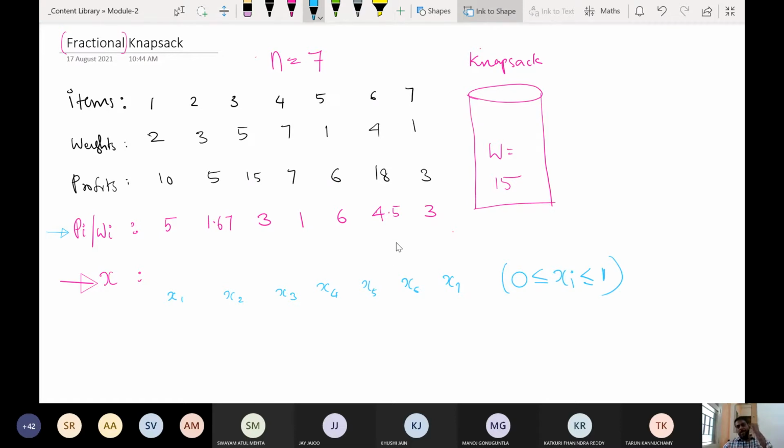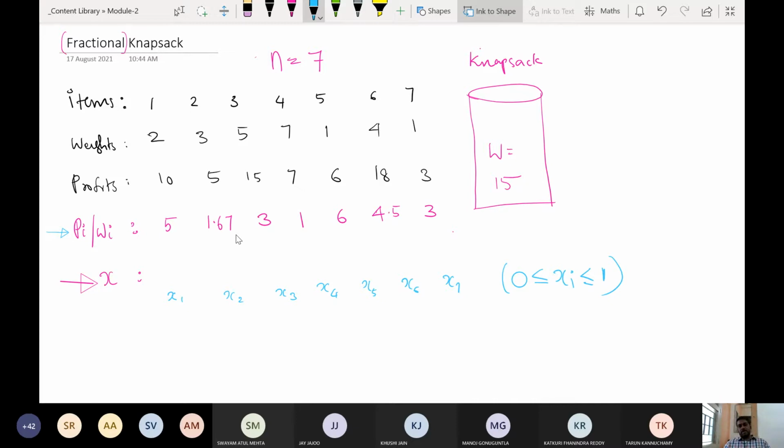It's definitely a greedy approach because we are greedy about the profit by weight. The item with the highest profit by weight we will include first. That is our strategy. If you have a predefined strategy for each step, such algorithms are known as greedy algorithms, similar to Prim's algorithm or Kruskal's algorithm.